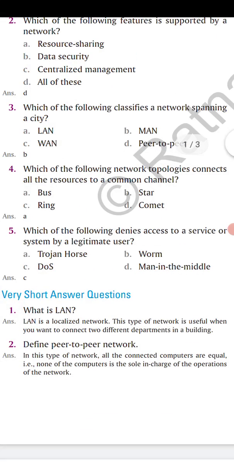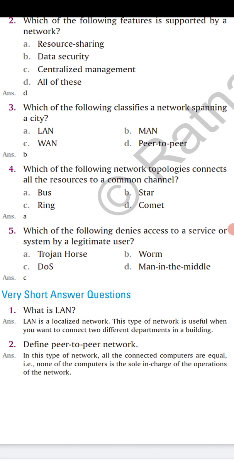In question number 3: which of the following classifies a network spanning a city? You know well that if a network is between city and city, then the answer is metropolitan area network, MAN. And LAN is local area network, and WAN means wide area network.